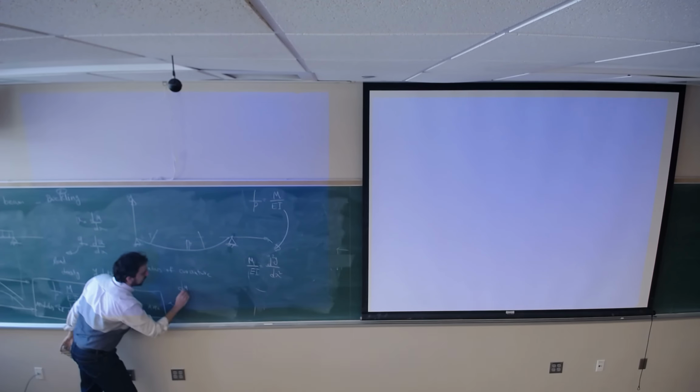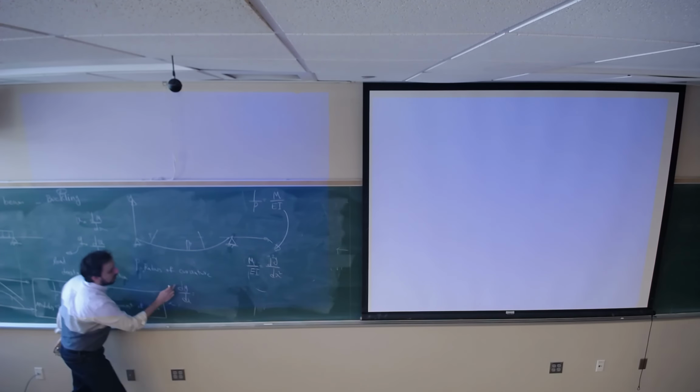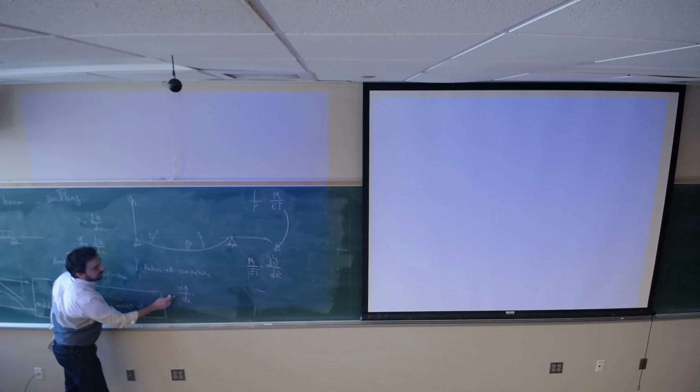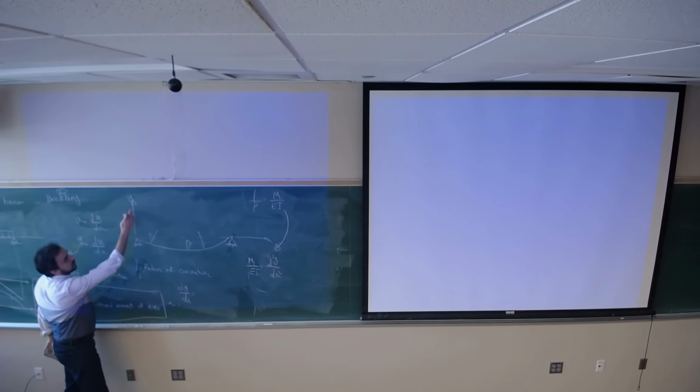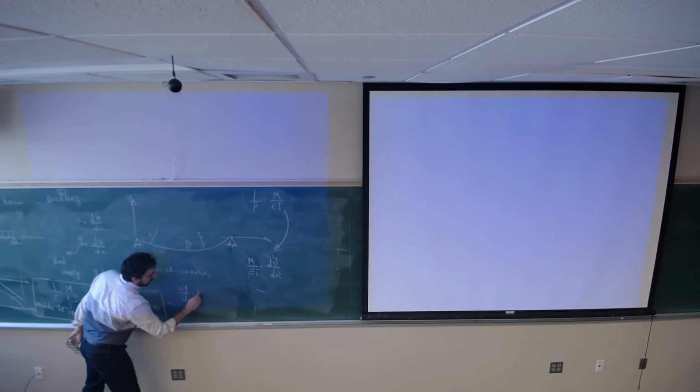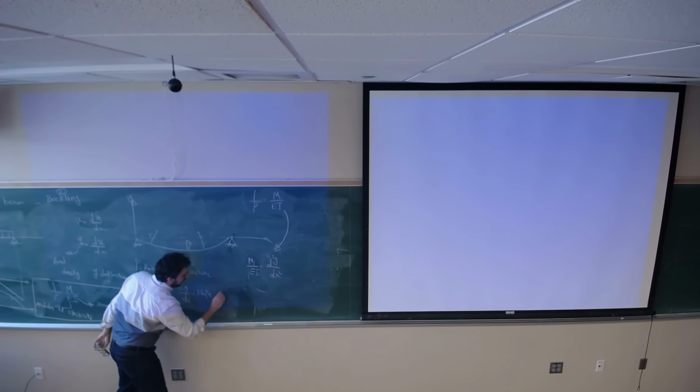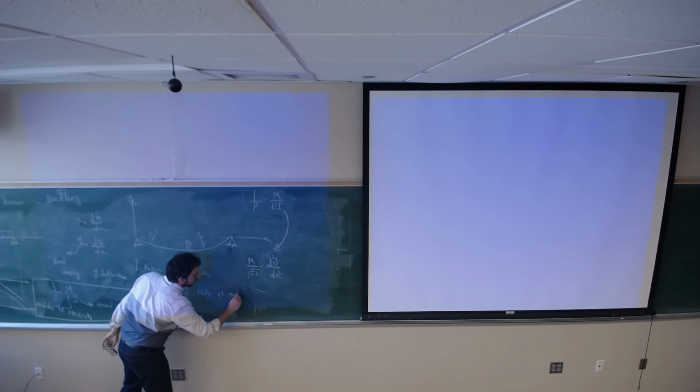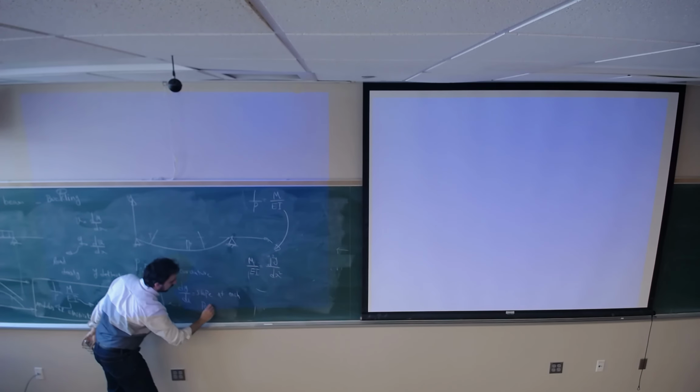I can ask you this: what is dy over dx going to represent? The answer is the slope at each point of the beam.